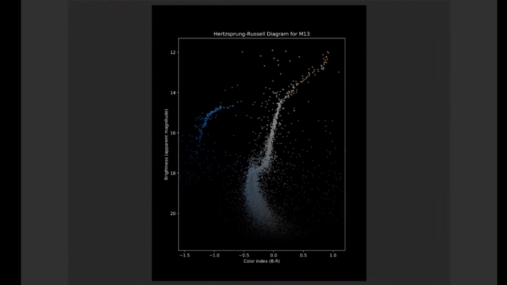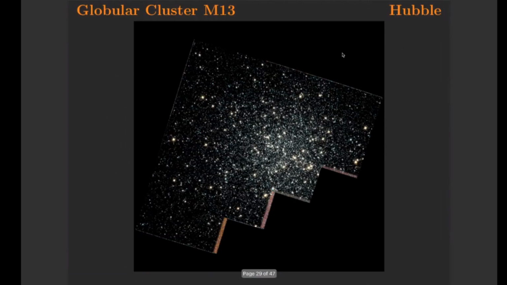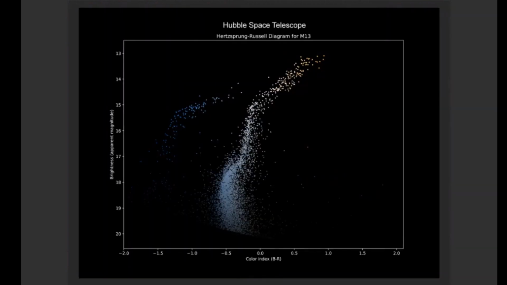So I have a feeling that that's what was happening, and that maybe this was supposed to just be continuing off to the right, but he might have been almost saturating his camera on those pixels for those few stars. And the Hubble one doesn't seem to have that behavior, nor did my diagram for M13 either.